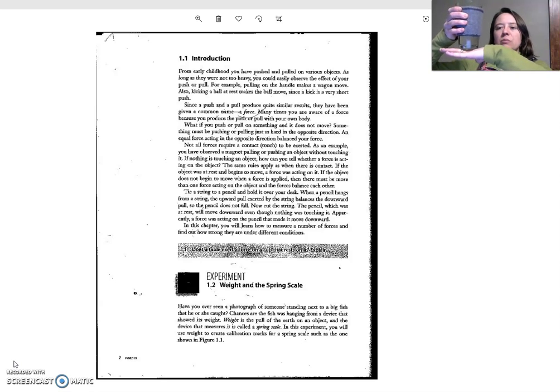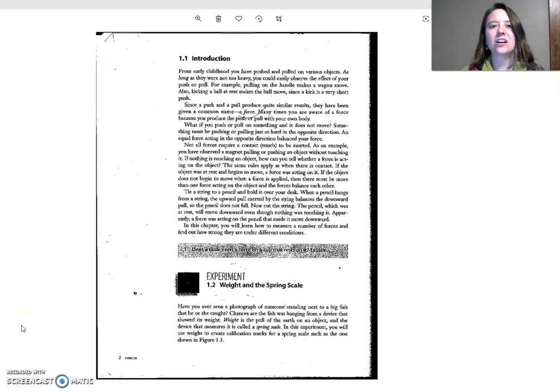If it's resting on a table, it isn't falling through the table. So is there a force pushing up to resist gravity? On the Google Doc, please use the RACE strategy and answer the question, does the table exert a force on a cup resting on it? And also explain why or why not.